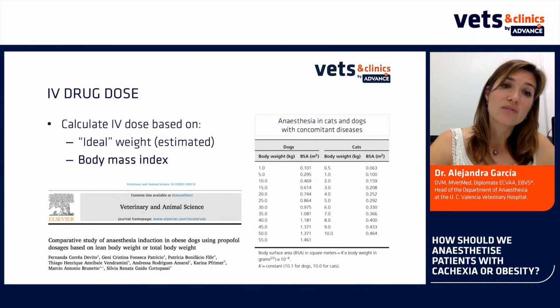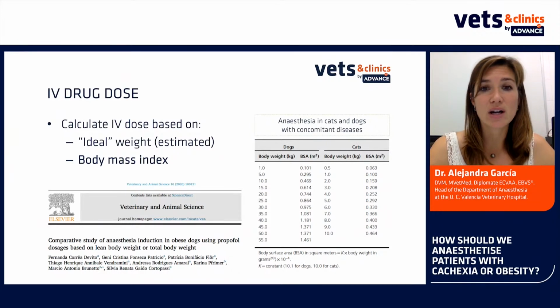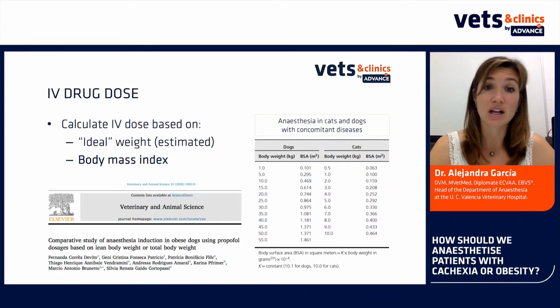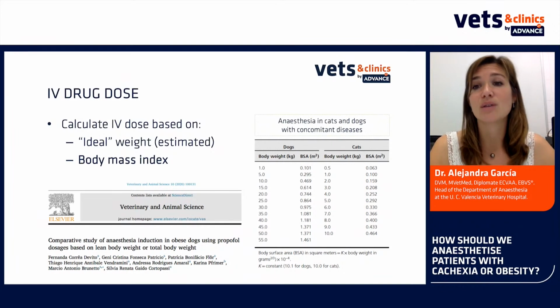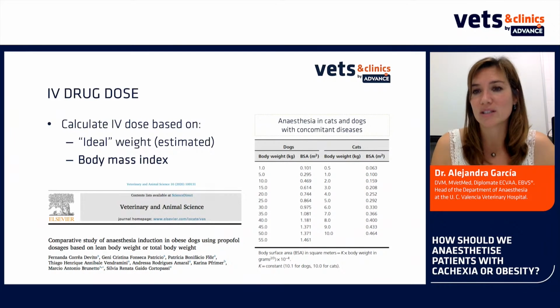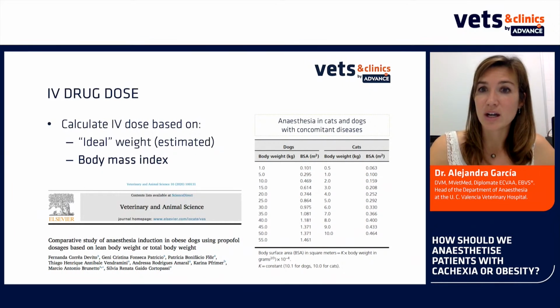So if I have to estimate my ideal weight for my patient, how can I do it? If I know the breed and more or less the size of my patient, I can estimate it. Otherwise, if I don't know because it's a crossbreed and I'm not sure how much my patient should weigh, I could use the body mass index. And this we can basically calculate with this table that you have here.